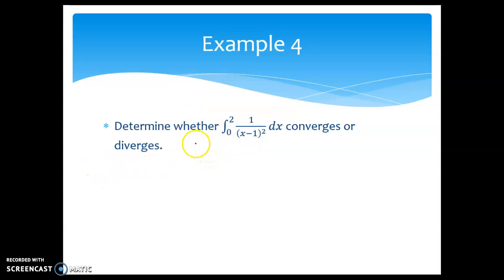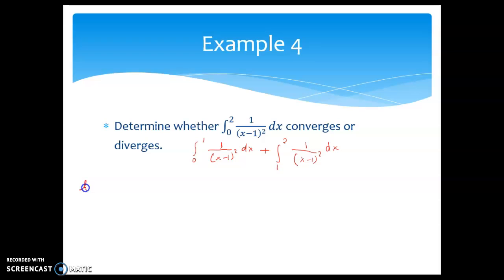So it's going to be the integral from 0 to 1 of 1 over (x minus 1) squared dx, plus the integral from 1 to 2 of 1 over (x minus 1) squared dx.